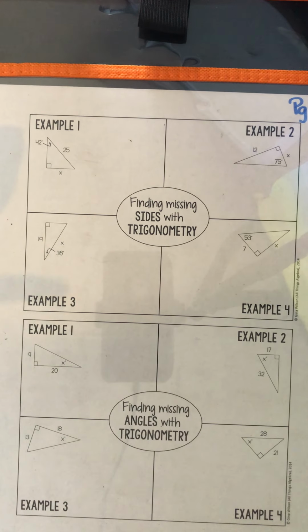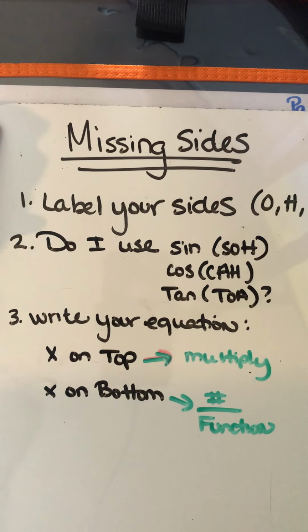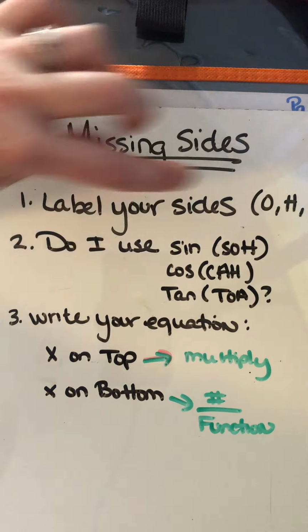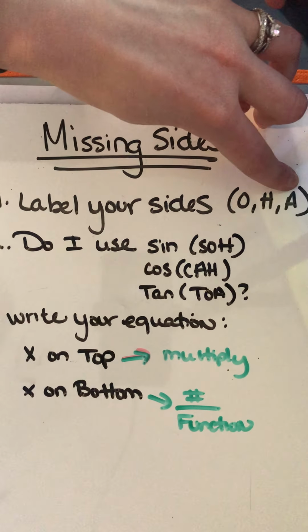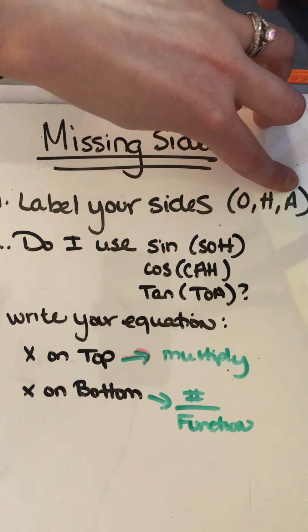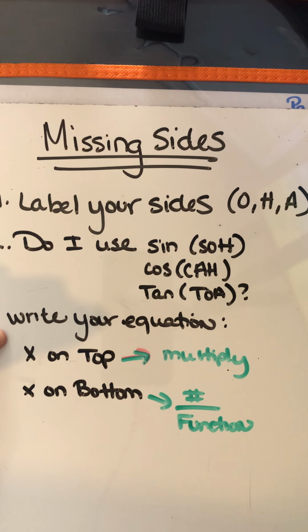Just to remind you, when you're finding missing sides, remember how we labeled which side is opposite the angle? The hypotenuse never changes, it's always the longest side. And then you have your A, your adjacent side. Decide, do I use sine, cosine, or tangent to write the equation?